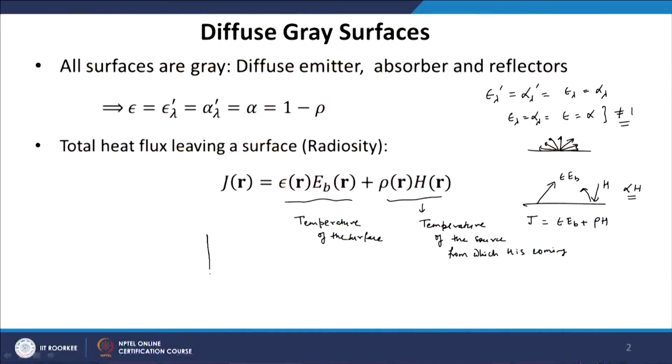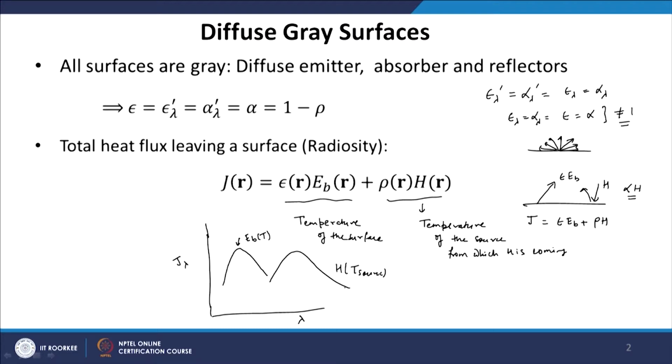If somebody is interested in looking at the spectral structure of the radiation, then it may look like this. If you look at the amount of energy emitted versus wavelength, you will have this kind of structure where this could be the black body emissive power at temperature T, and this could be the spectrum for H at the source temperature. So, they may be spectrally different regions.